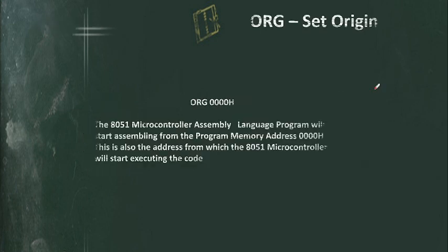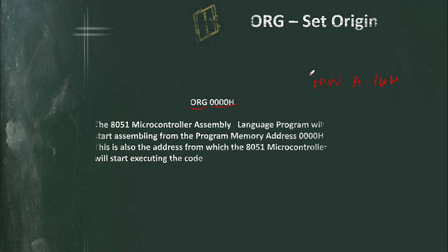Let's see what ORG is. The syntax is ORG, continued with an address. We have to write an address here. Whenever we write a program, it has to be stored at some location. When you write a move instruction, like MOV A, 10H, the program has to be stored somewhere.